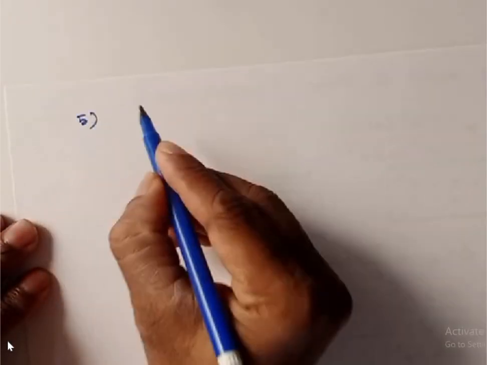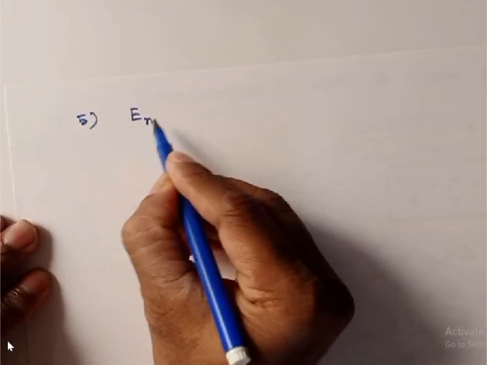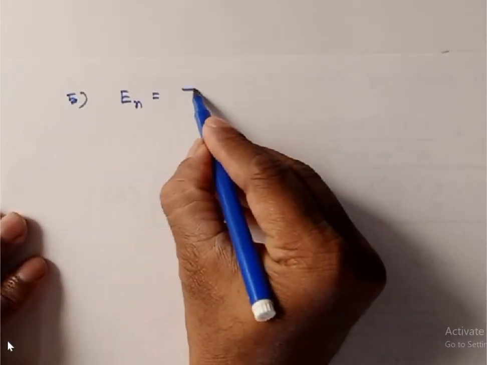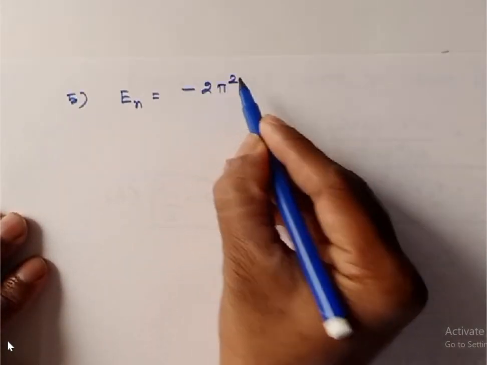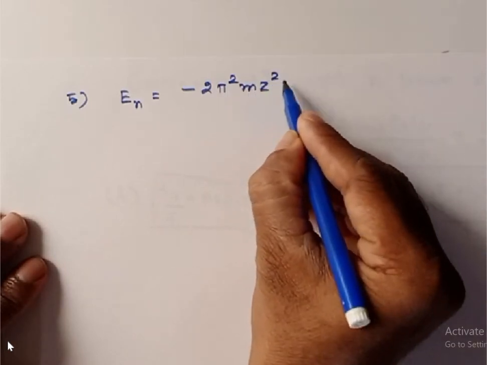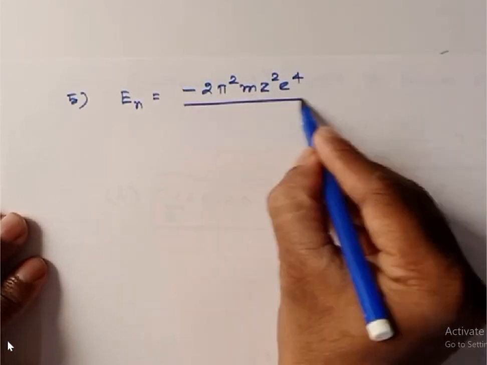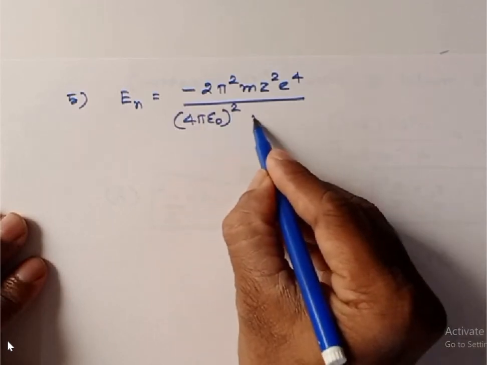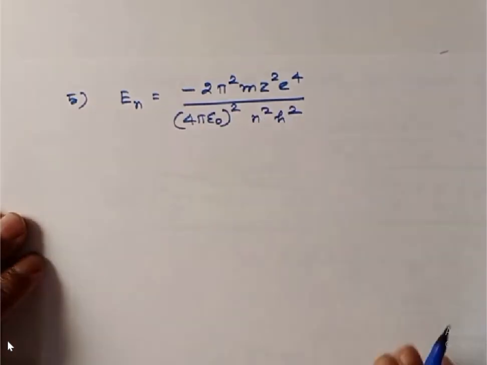Then we also derived the expression for energy. The expression for energy in the Bohr model, we get like this: En, the energy of the nth orbit, equal to minus 2 pi square m z square e power 4 over 4 pi epsilon naught the whole square into n square h square.